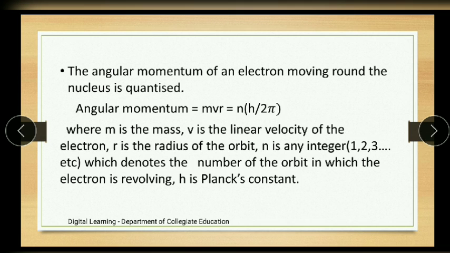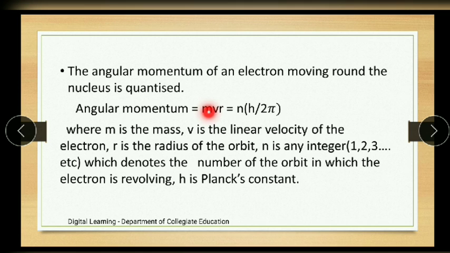The next postulate is that the angular momentum of an electron moving around the nucleus is quantized, which means the electron can move only in that orbit in which the angular momentum of the revolving electron is an integral multiple of h by 2 pi.